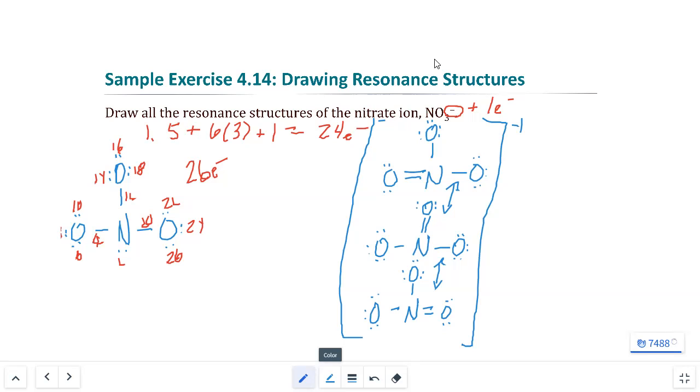That's called formal charge. And as far as your homework and smart work are concerned, they like you to use formal charge more often than bracketing. But bracketing is where we'll start for today.